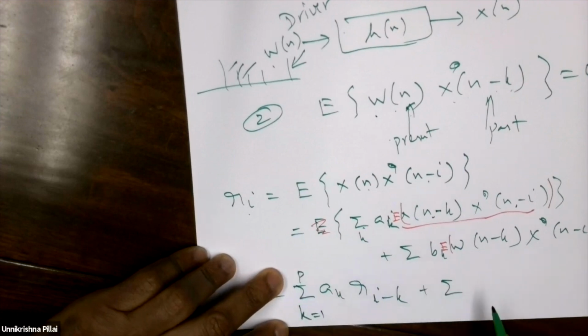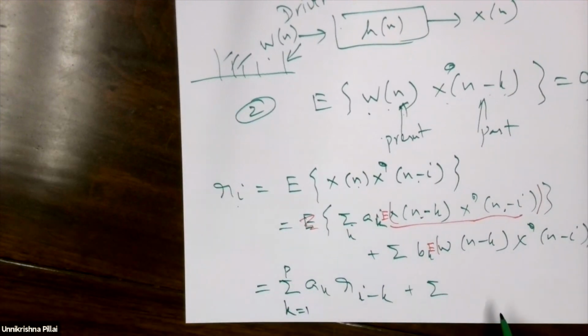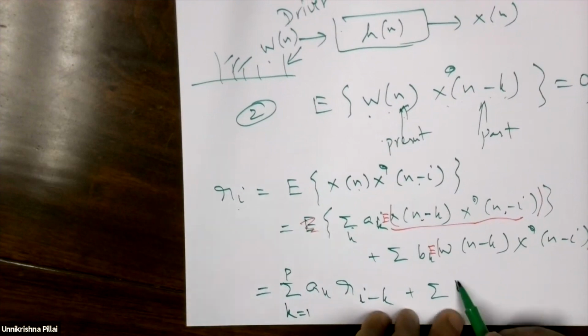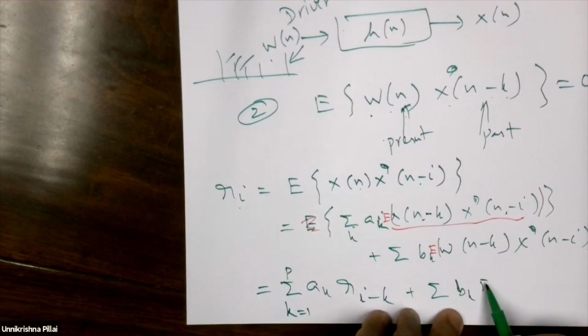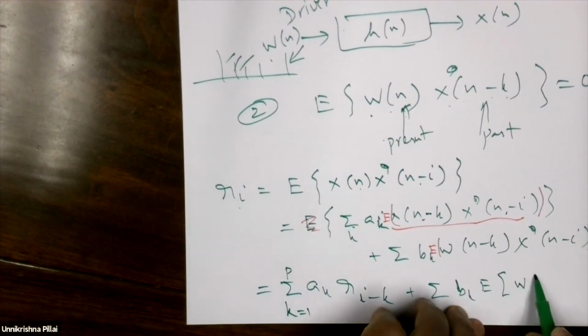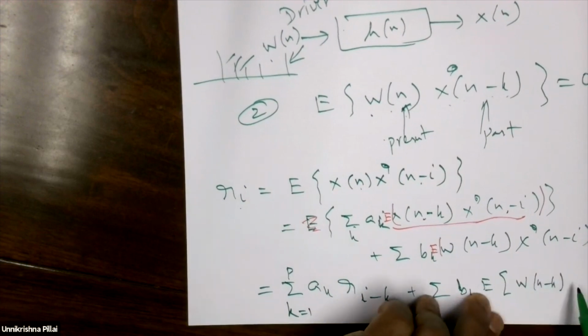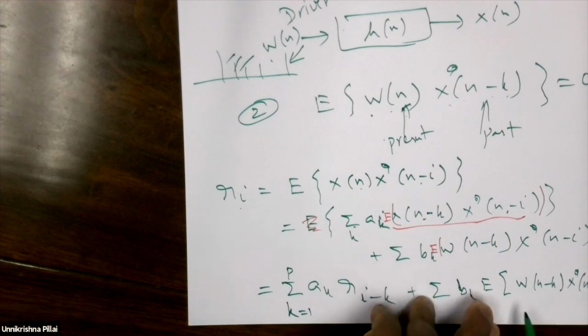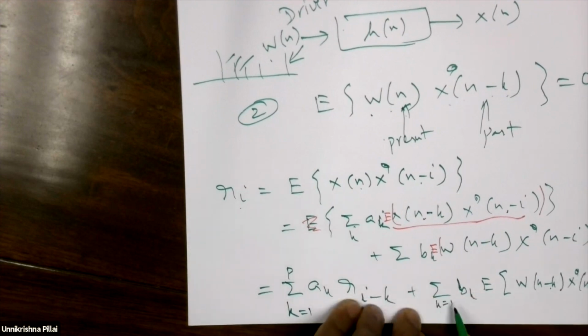And plus summation b_k, expected value of w(n minus k) and x star of (n minus i). Remember, k goes at the most from 0 through q.